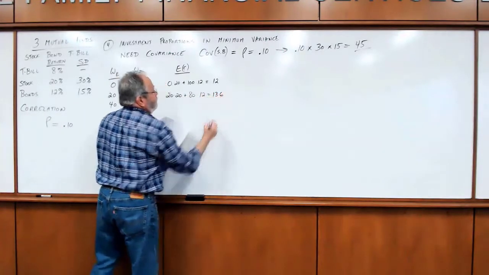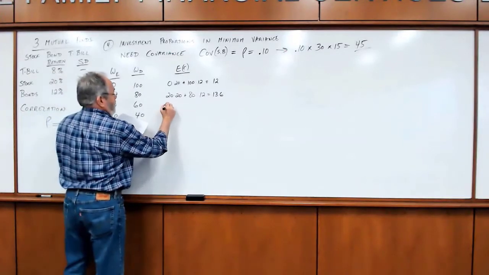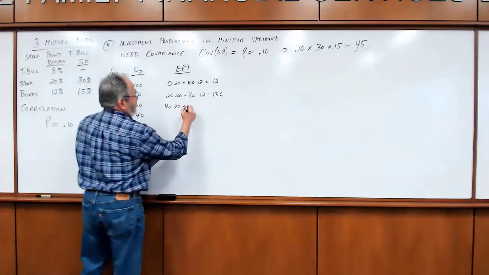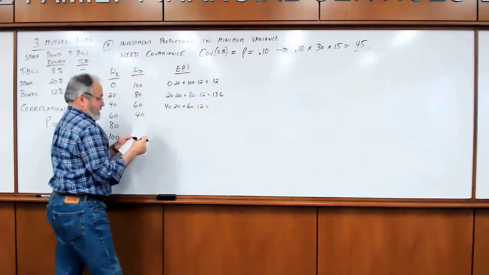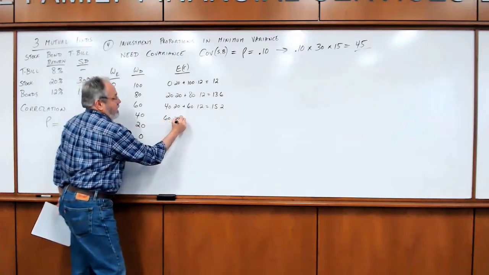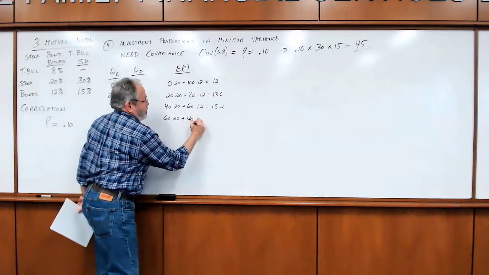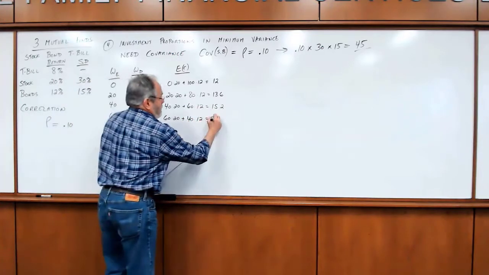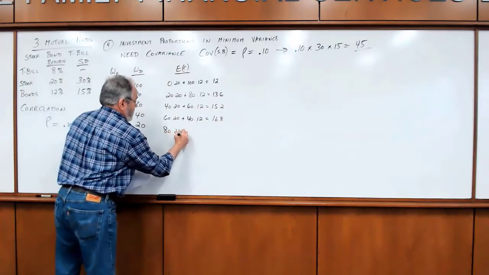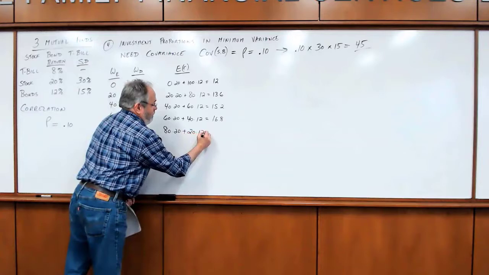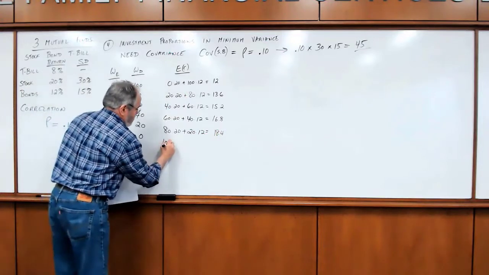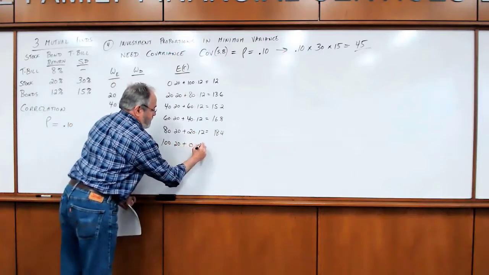This is a 13.6% return. 40 times 20 plus 60 times 12, 15.2. 60 times 20 plus 40 times 12, 16.8. 80 times 20 plus 20 times 12, 18.4%. 100 times 20, 0 times 12.